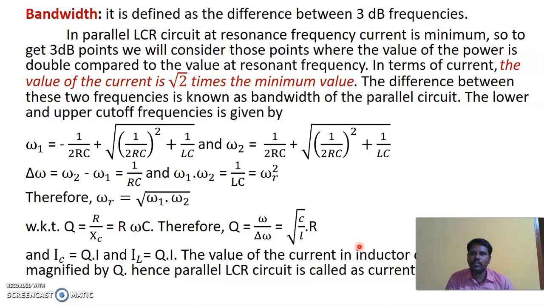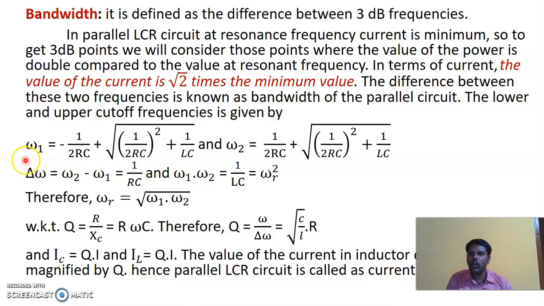Now we understood how to find the upper and lower frequency to find out the bandwidth. Now the bandwidth for I minimum multiplied by root 2, you will get two values. Omega 1 is given as minus 1 over 2RC plus square root of (1 over 2RC) whole square plus 1 over LC.